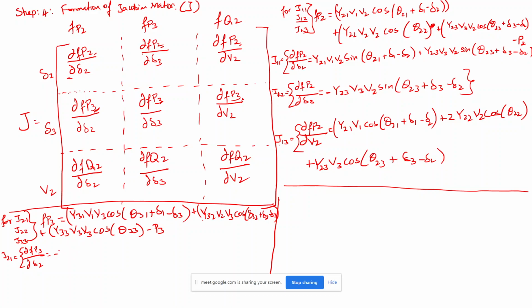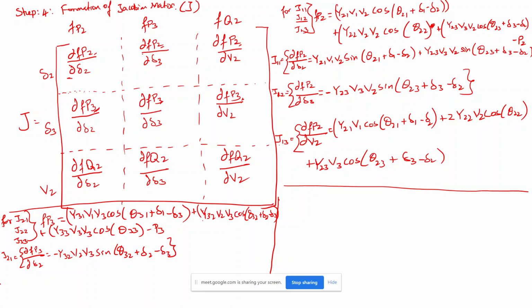So it is minus Y32 V2 V3 sine theta 32 plus del 2 minus del 3. And in the third component also there is no delta 2, so only I will get this value for J21. Am I right?